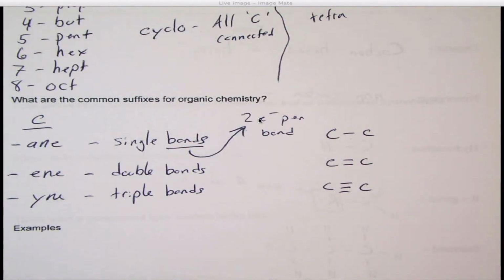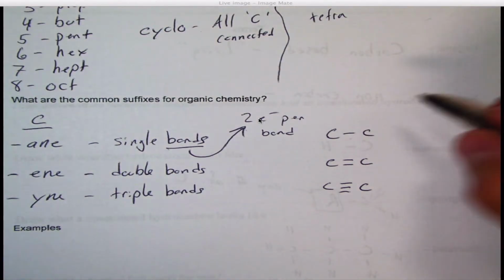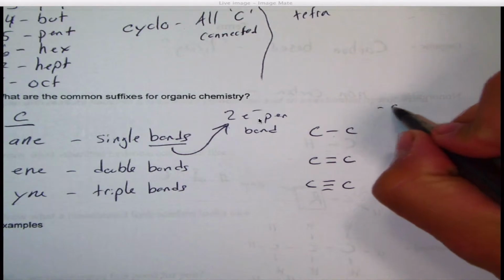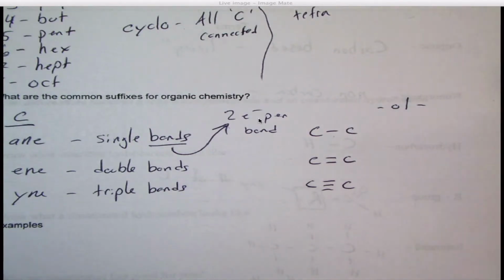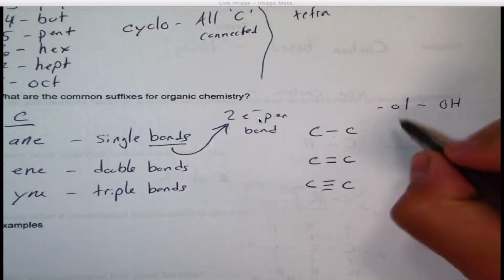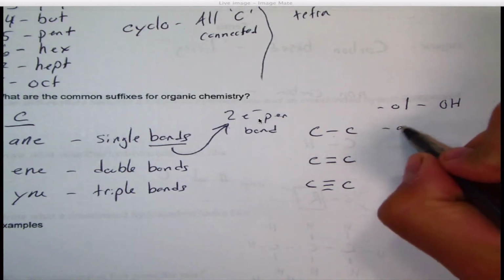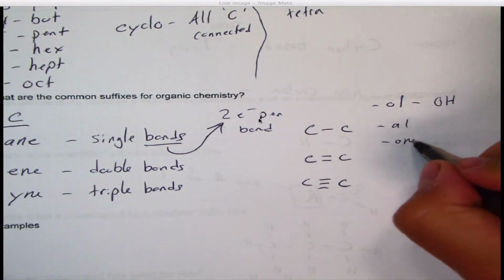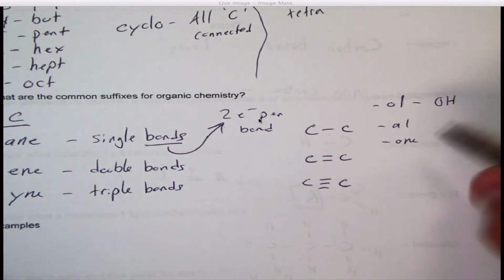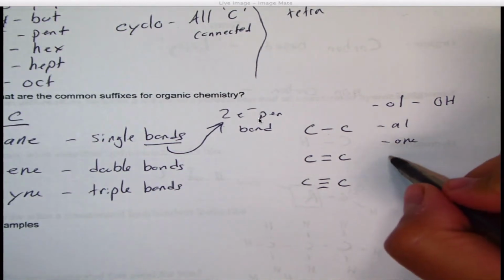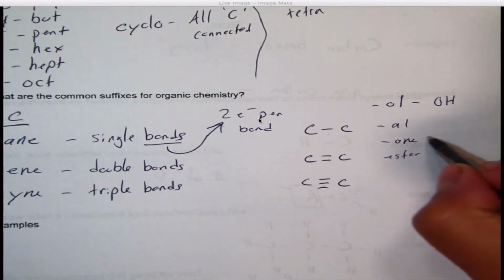All right. Some other endings we might run into, which are not at the beginning but more at the end. If we have OL, that's an alcohol. That means we have an OH group somewhere in the molecule. All right, and also there's going to be ones like AL and O and E, and there's esters, and so on and so forth.